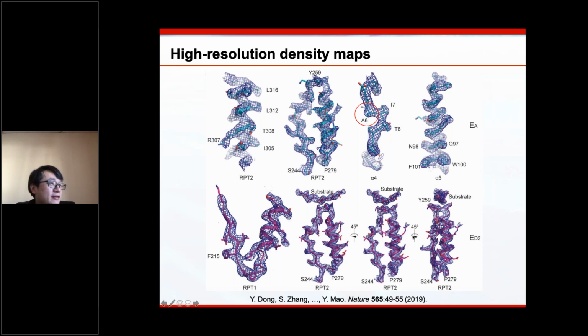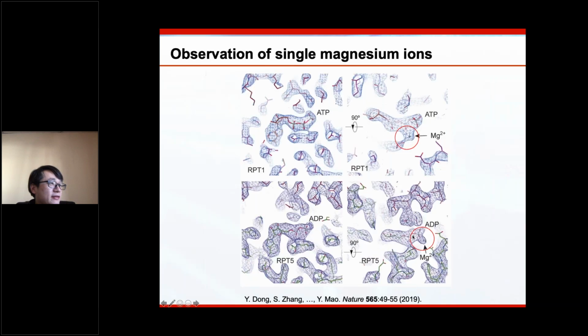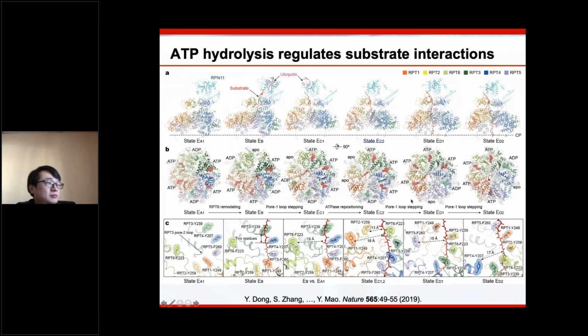Most prominently, we can see the single magnesium ion in the EA state around ATP, and also occasionally the magnesium ions even on ADP. These are very interesting structures.